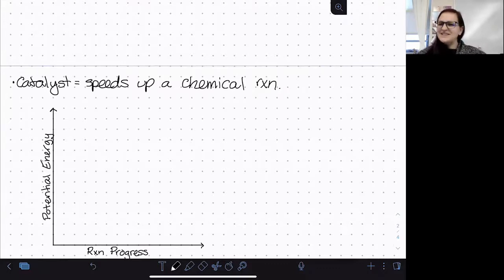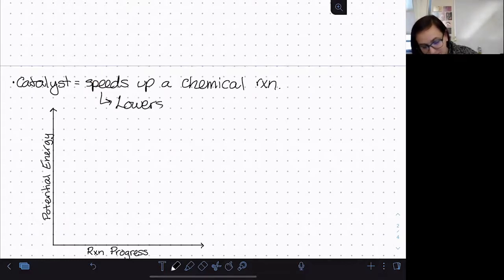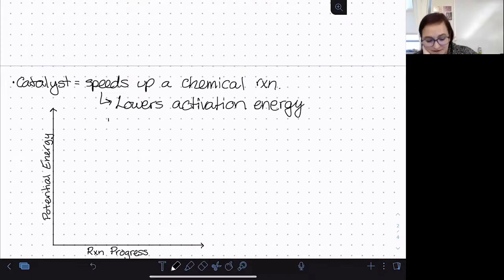So it is tempting to think that that would make the reaction more favorable, but all a catalyst is doing is affecting the speed. Thermodynamics has nothing to do with the speed. That is kinetics. So all a catalyst is doing is lowering the activation energy. It does not affect the thermodynamic favorability.